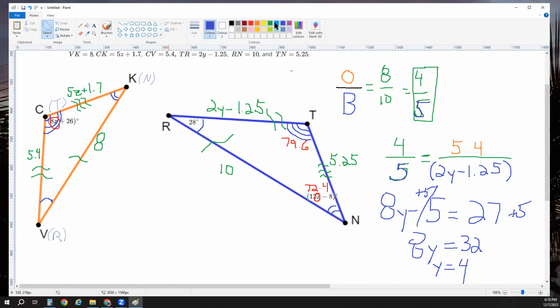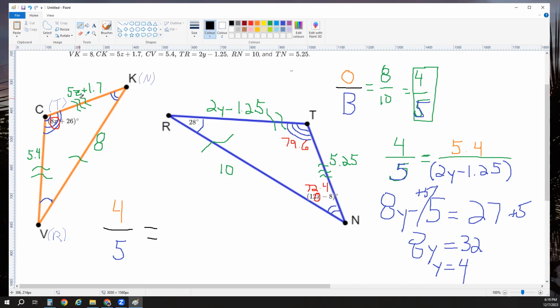Still going to use this 4/5. I'm using my 4 fifths. All right, that's my ratio from 4/5. And it's going to be equal to, what do I need?